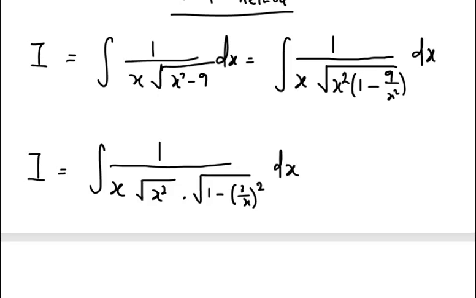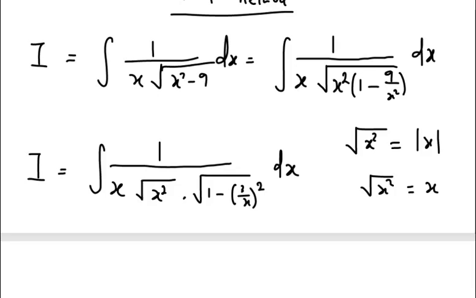And then we have our dx. Now we know that the square root of x squared is equal to the absolute value of x, right? Now, if you think about x being greater than or equal to 0, then we're going to have our square root of x squared to be equal to x.